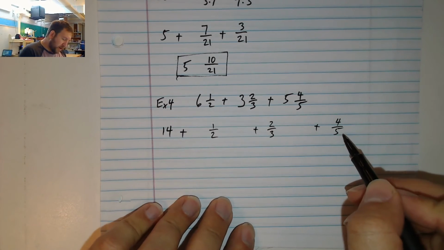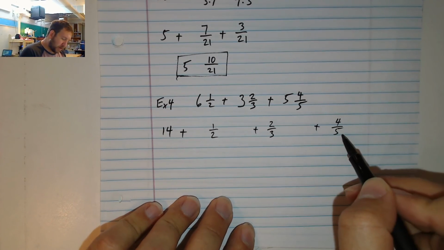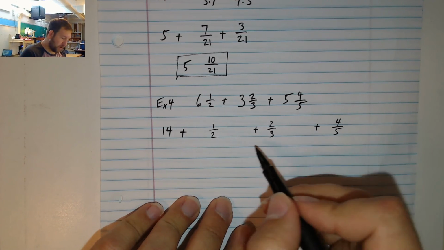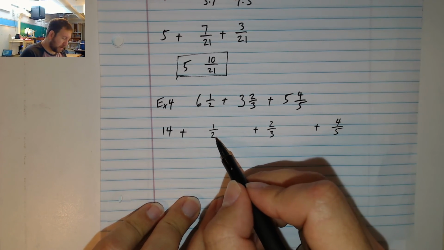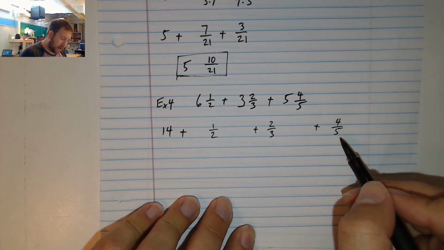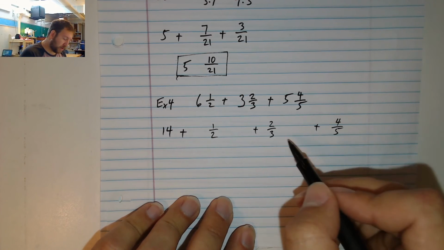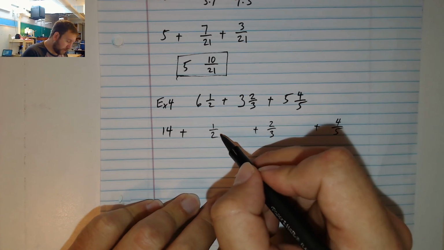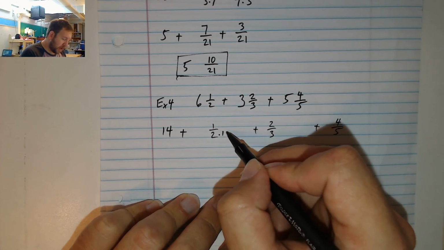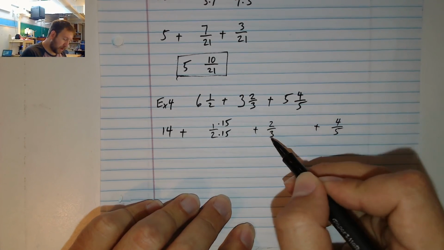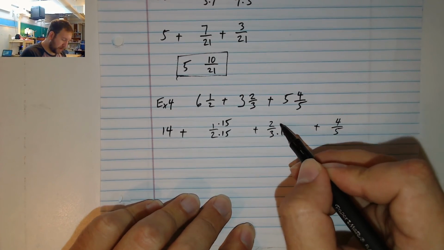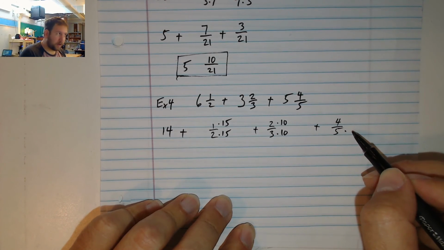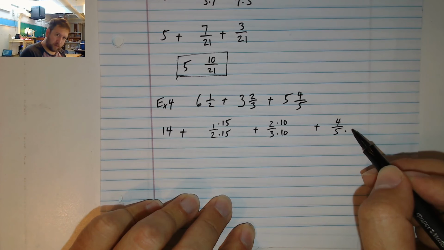All right, what can I fit into everything? Does 10 work? Well, 10 works for 5 and 2, but not 3. What about 15? Oh, 15 doesn't work for 2 because it's not even. That makes me think I'm going to be going to 30, because 30 is going to be able to fit all of these things in. To get 2 to 30, I'm going to multiply it by 15. To get 3 to 30, I'm going to multiply it by 10. And to get 5 to 30, I'm going to multiply it by 6, right?